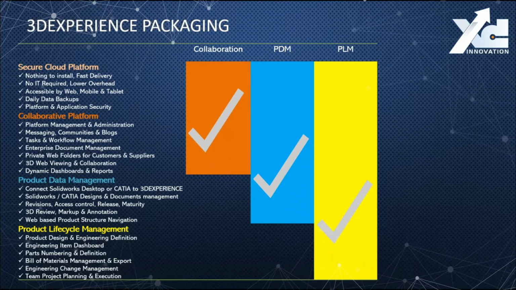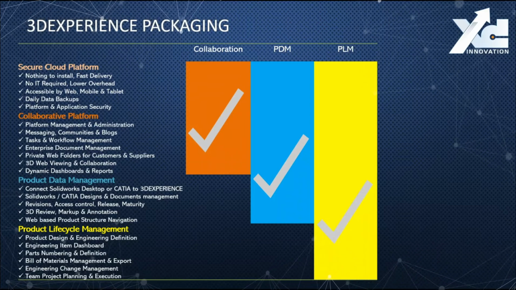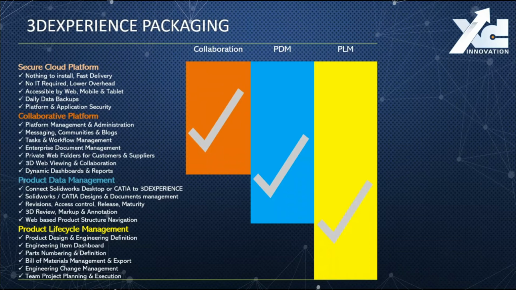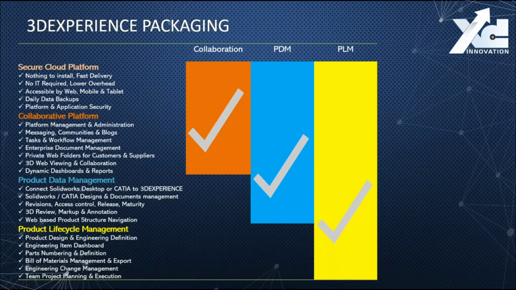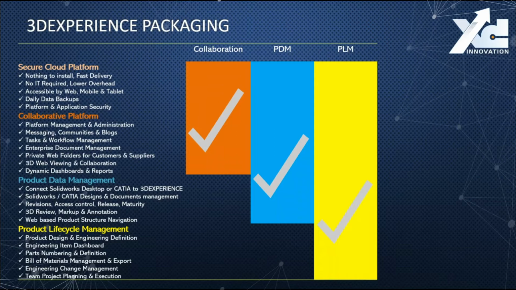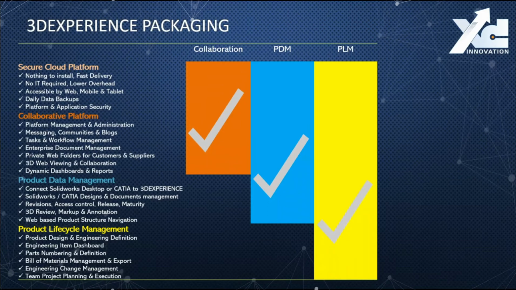This is a little bit more advanced, where we go from just managing CAD data into managing bill of materials, part numbering systems, maybe some project management, and overall engineering and potentially manufacturing change management. You could implement a full enterprise change management on the cloud.